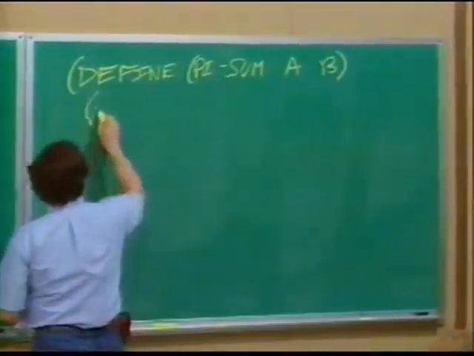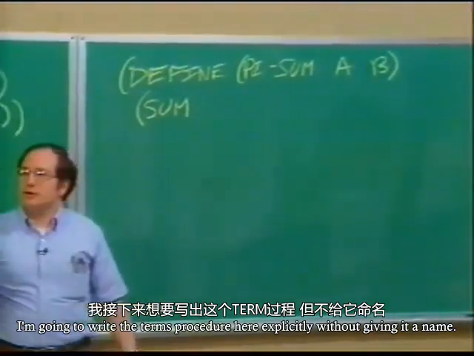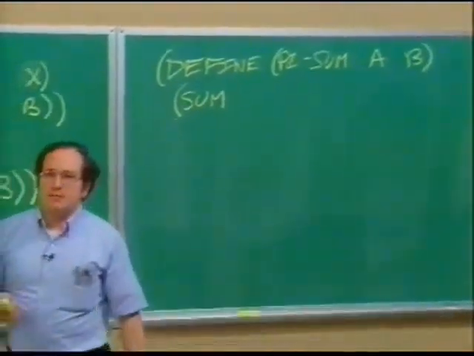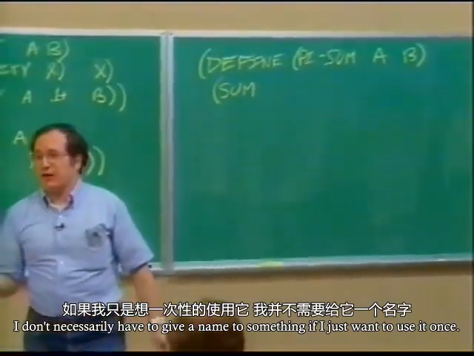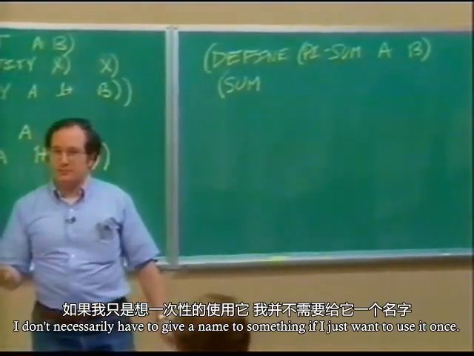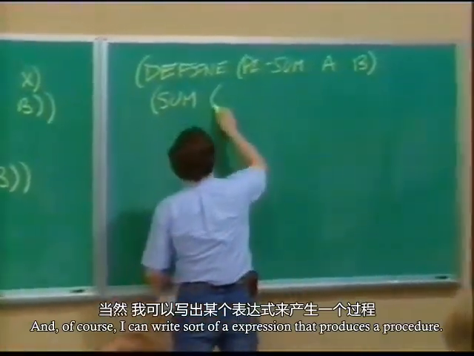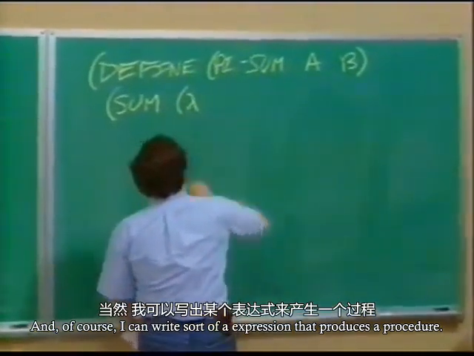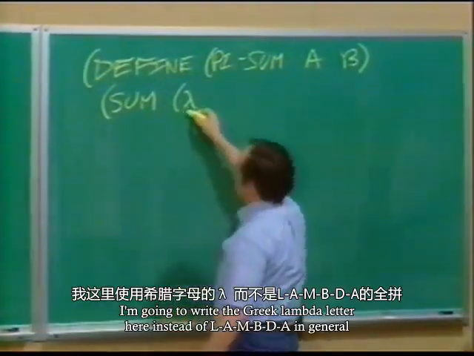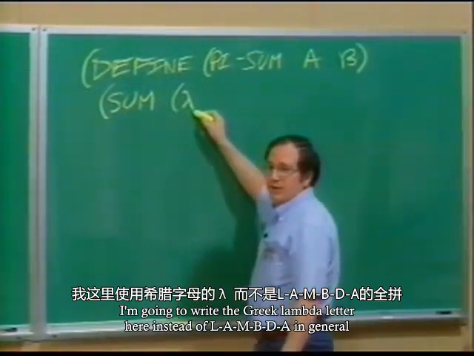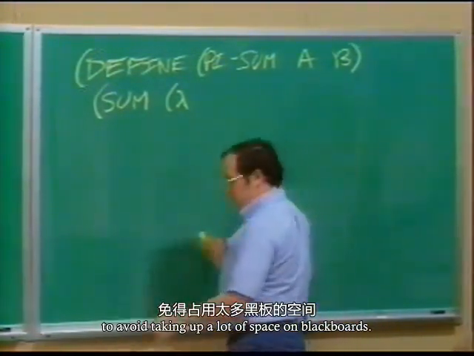Well, it's a sum of things. I'm going to write the term procedure here explicitly without giving it a name. Okay, this is anonymous. I don't necessarily have to give a name to something if I just want to use it once. And of course, I can write an expression that produces a procedure. I'm going to write lambda, the Greek lambda letter here instead of spelling it out, to avoid taking up a lot of space on blackboards.